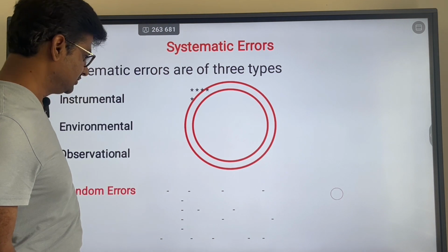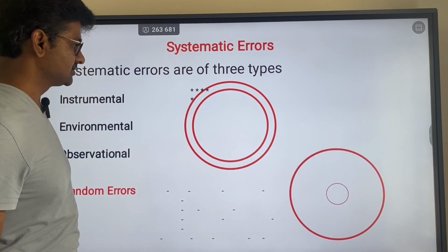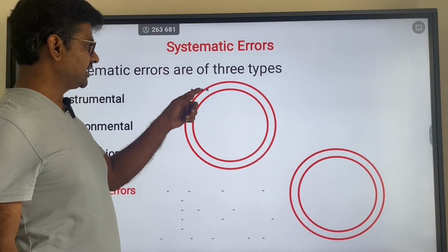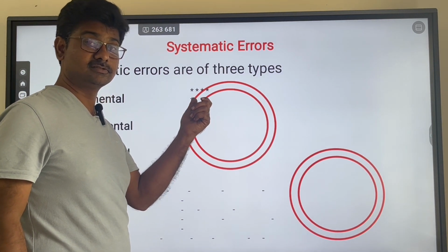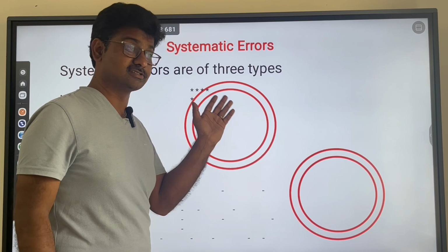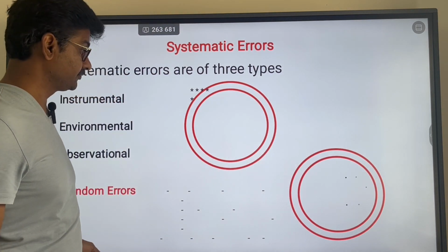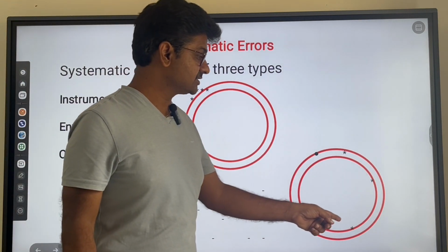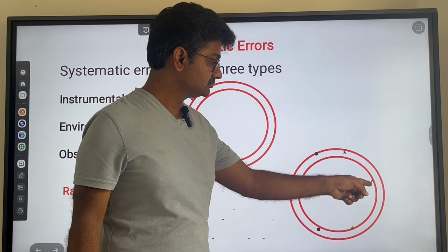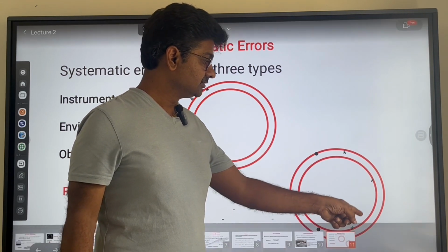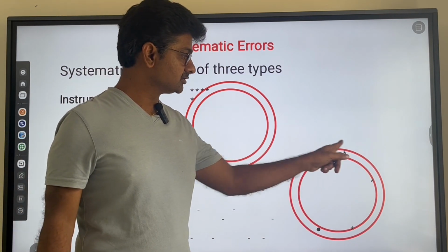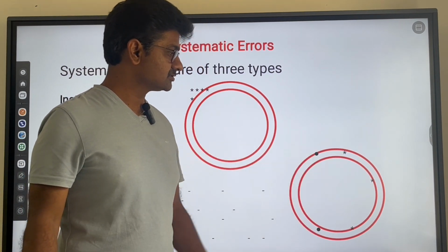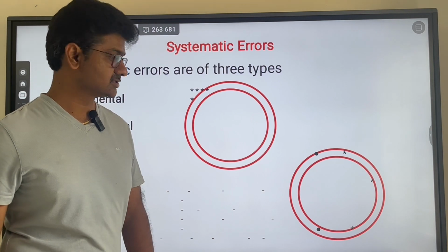Now, similarly, we take one more case. Look at the errors, they are not random, they are at one place. We will try to understand why this is happening. But in this case, you can see the errors are random. See how the values are.